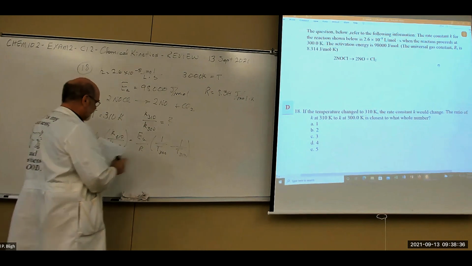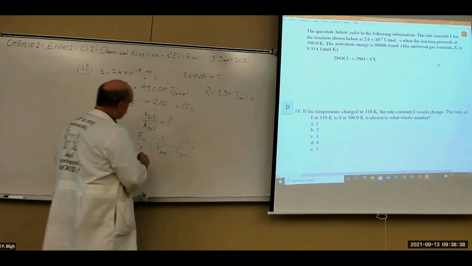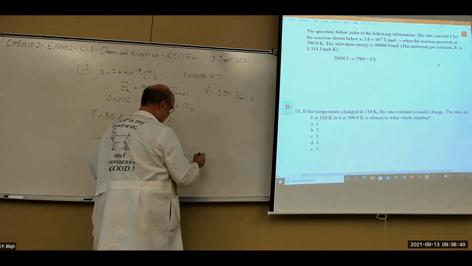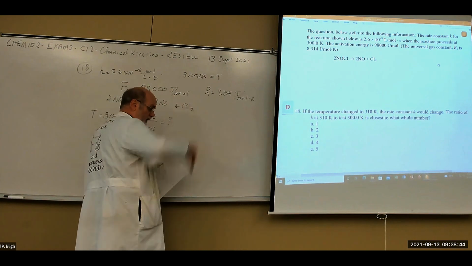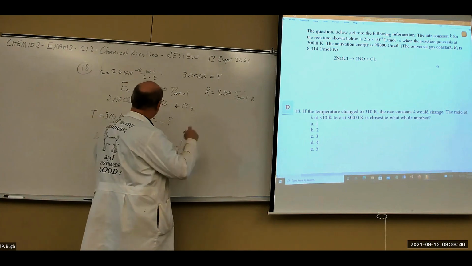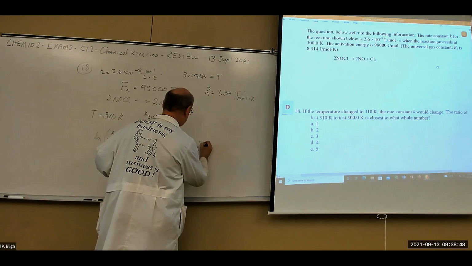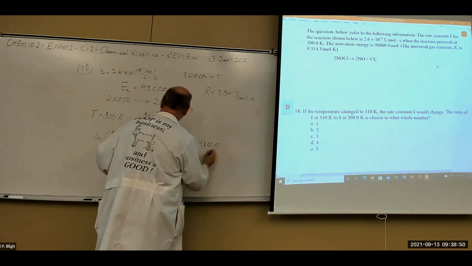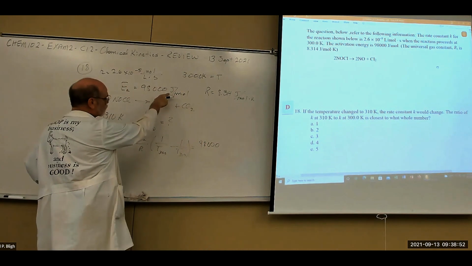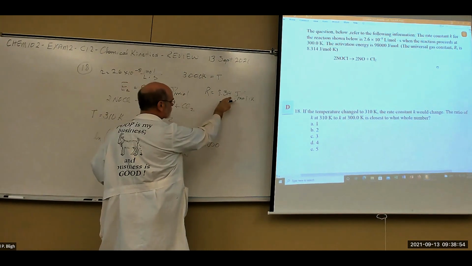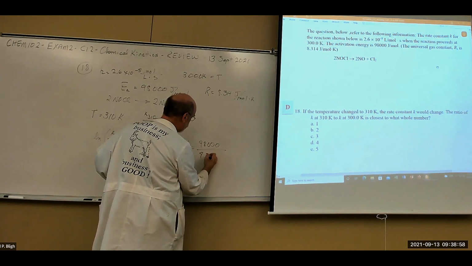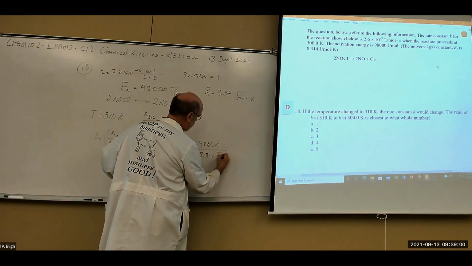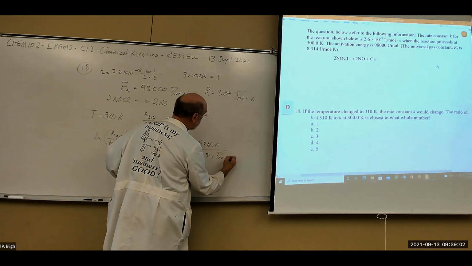Okay, so let's put some numbers in here. We're given the activation energy is 98,000. This has to be in joules because this value is in joules. 8.314 joules per mole.